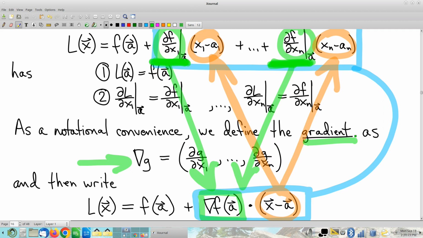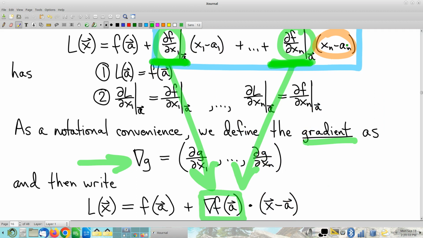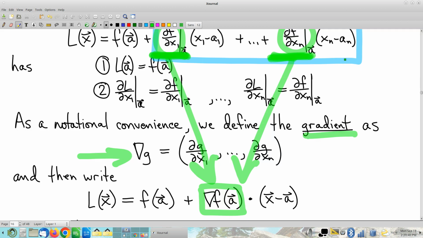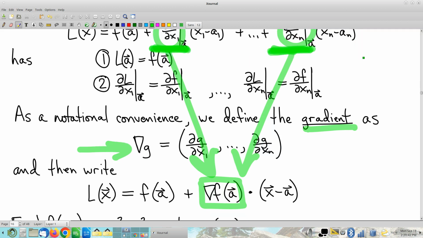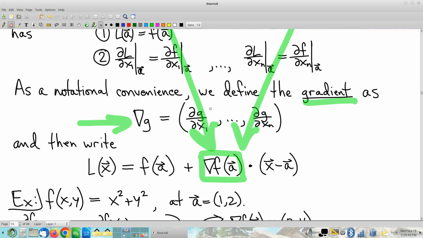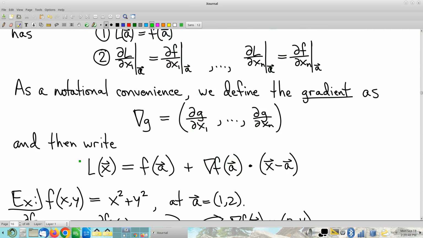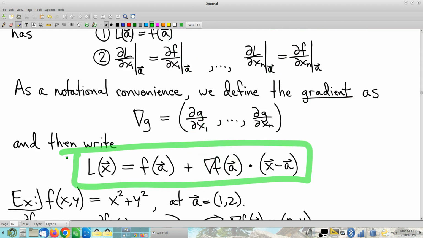But the mere fact that it's the thing that you dot with x minus a, that's pretty impressive. So this thing we call the gradient is natural if only for this fact alone. And with that alone, we can rewrite our linear approximation formula, a much easier formula to remember. Our linear approximation formula now is just this, but nicer.